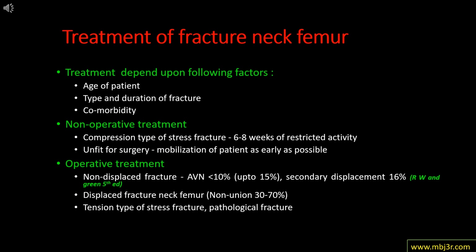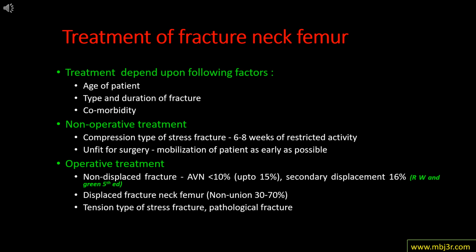Operative treatment in non-displaced fractures: AVN risk is high, almost 10%, and secondary displacement can happen in 16% of the patients. In displaced fracture neck femur the non-union rate is almost 30 to 70%.